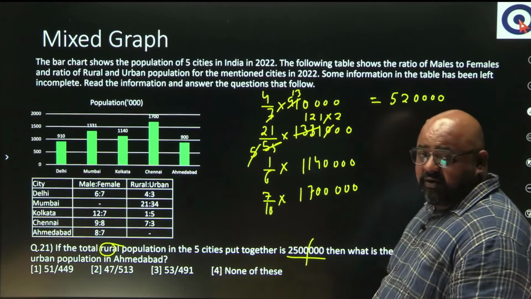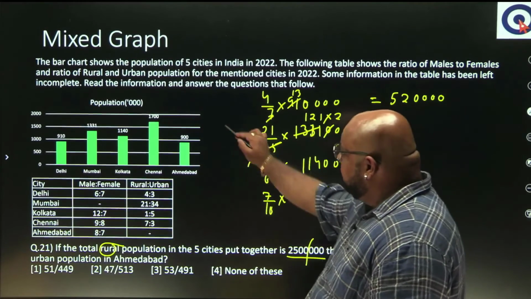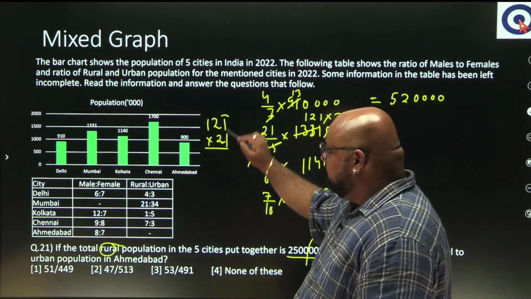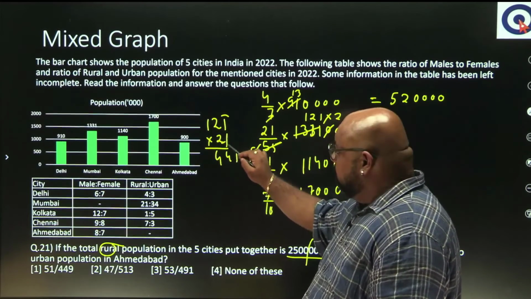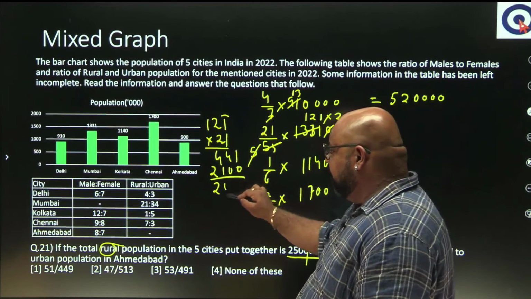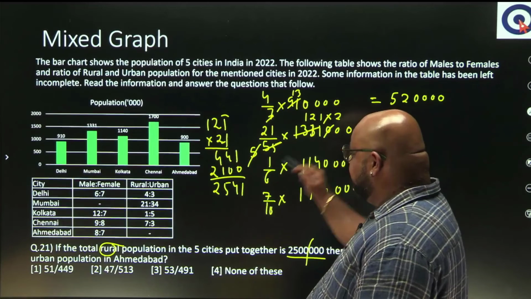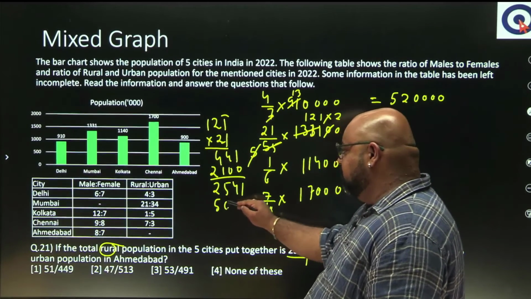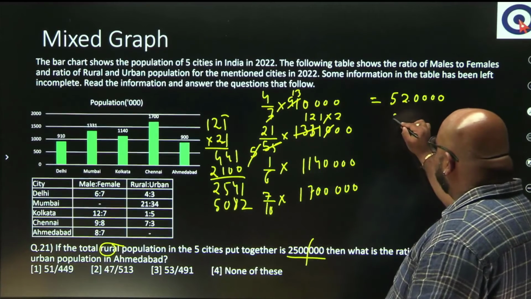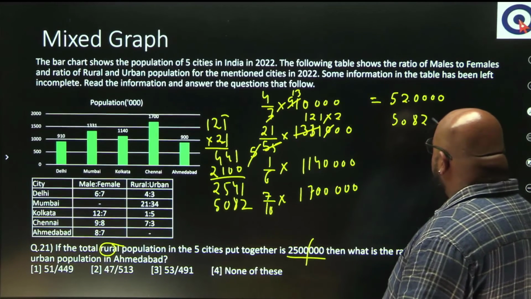Therefore 21 into 121 into 2, that becomes 121 into 21 is what I am calculating. So 21 into 21 is 441. 21 into 100 is 2100. Therefore 2541. That multiplied by 2 will give you 5082 and then a 00. 508200.